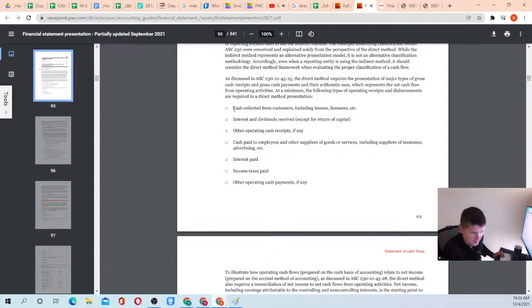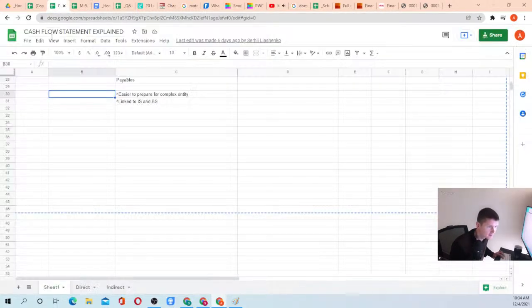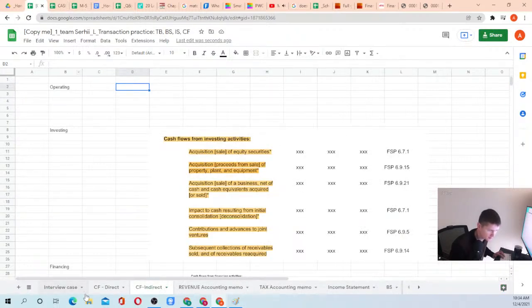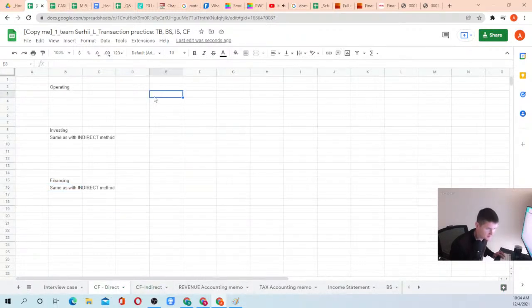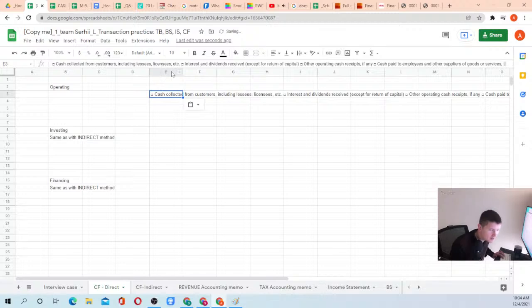Okay, so here is a list of operating cash flows based on the direct method. So let's go here. Here's the direct method.